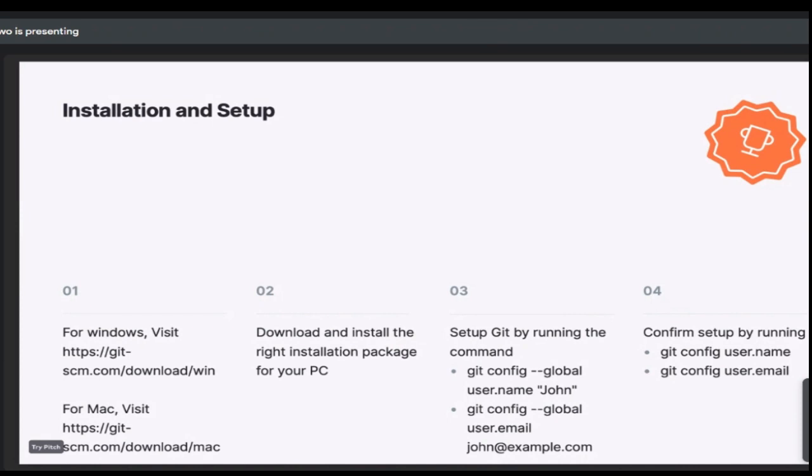So let me give about 10 minutes for that. And those are the links once again for each operating system, for Linux, for Windows, for Mac. So select each one of them and download it. Okay, you've already installed it on your PC. That's great.